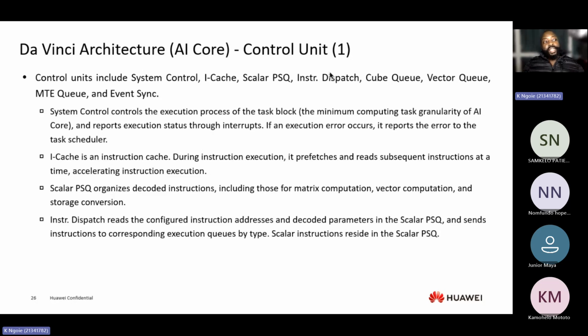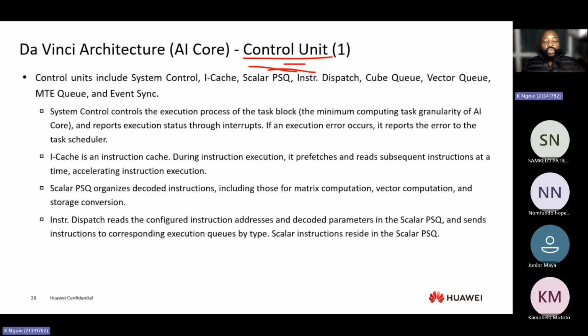Okay, and then the last unit will be the control unit. In this chip here, the machine is going to control how all the operations are happening. So this is the control unit.